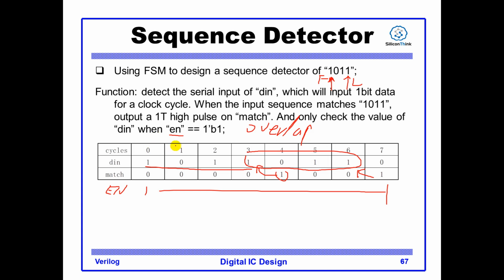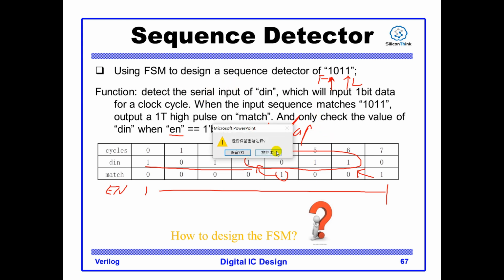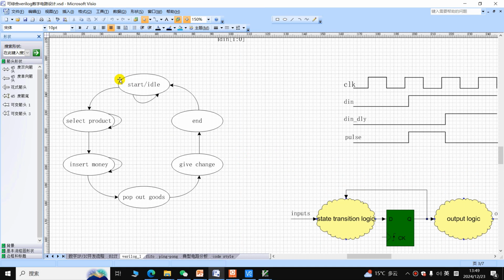So how do we define the finite state machine for this function? Just take out your pens and paper and draw something like that.